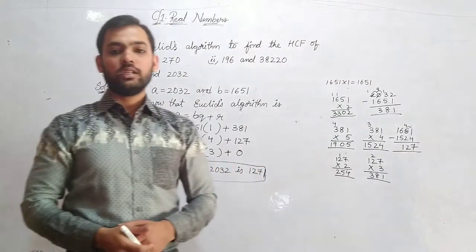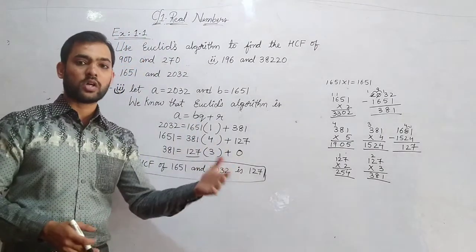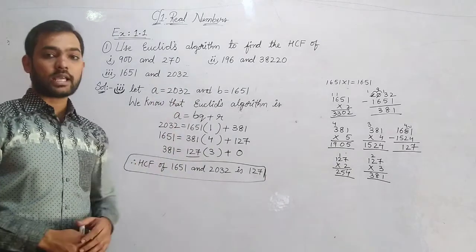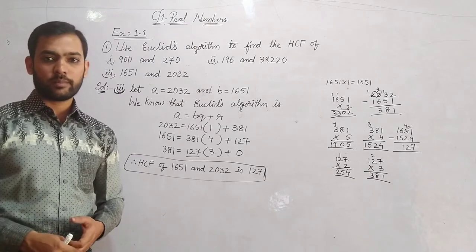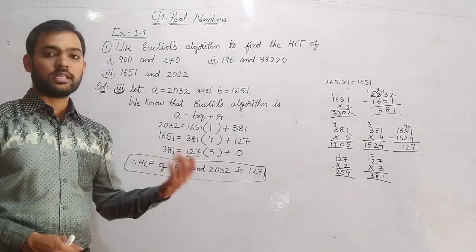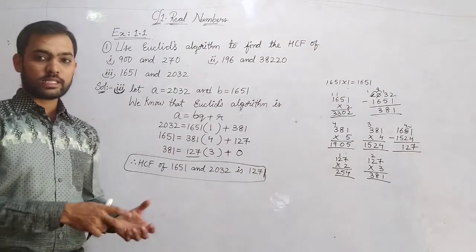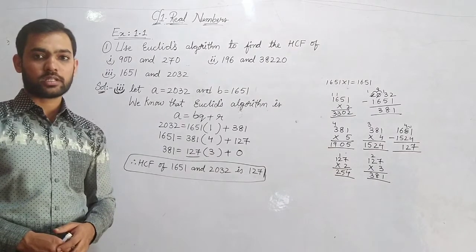So students, in your textbook you may have different boxes, like do these or try these boxes, with these types of numbers for finding HCF using Euclid's algorithm or division algorithm. So try those numbers, or if you have a model paper of mathematics, you can look at earlier examination papers, previous papers, and select these types of questions and solve them, because this is very important from the examination point of view.